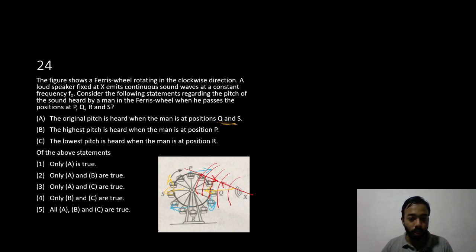So there is a problem with this question. I am not sure whether they are asking for the highest pitch when considering these 4 points. The same goes for statement C. The lowest pitch is heard when the man is at position R. That is true when considering these 4 points.